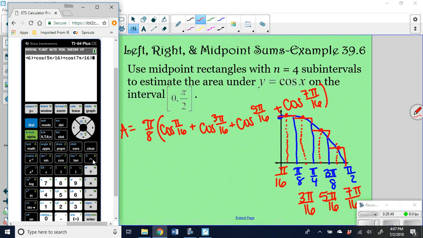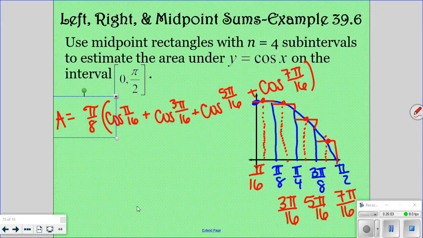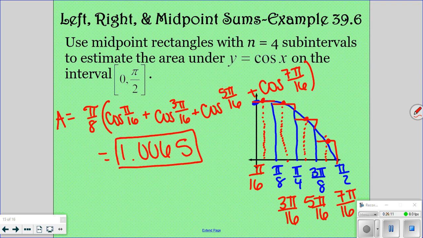And then close your parentheses and close the big parentheses. And you should get 1.0065 if you plugged it in correctly. So your answer should be 1.0065. So that's how that works.